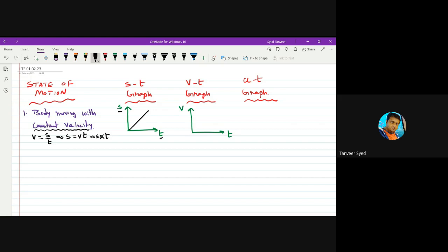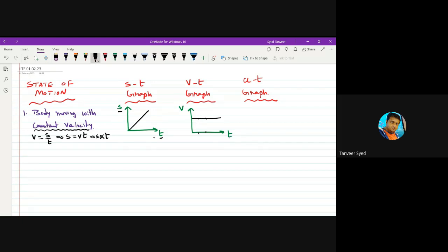So with time, velocity is remaining constant. So obviously, the graph should be a straight line like this, parallel to the time axis. At any instant of time, the value of velocity is the same. The VT graph is a horizontal straight line, parallel to the time axis.